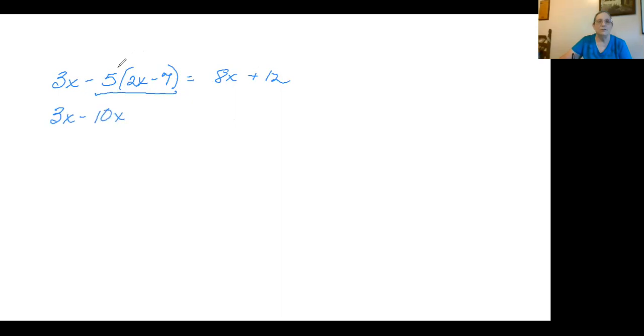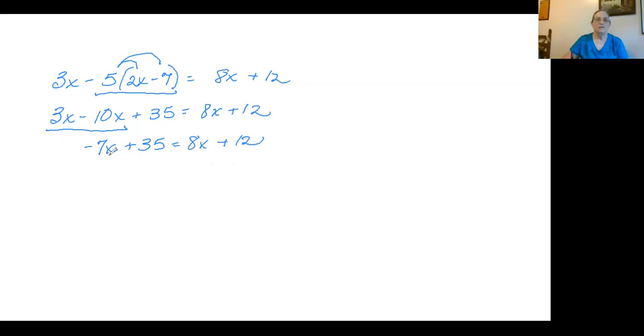So when we distribute this, this is going to give us a minus 10x and a positive 35. Here we've got two like terms that are on the same side, so that's a minus 7x plus 35 equals 8x plus 12.